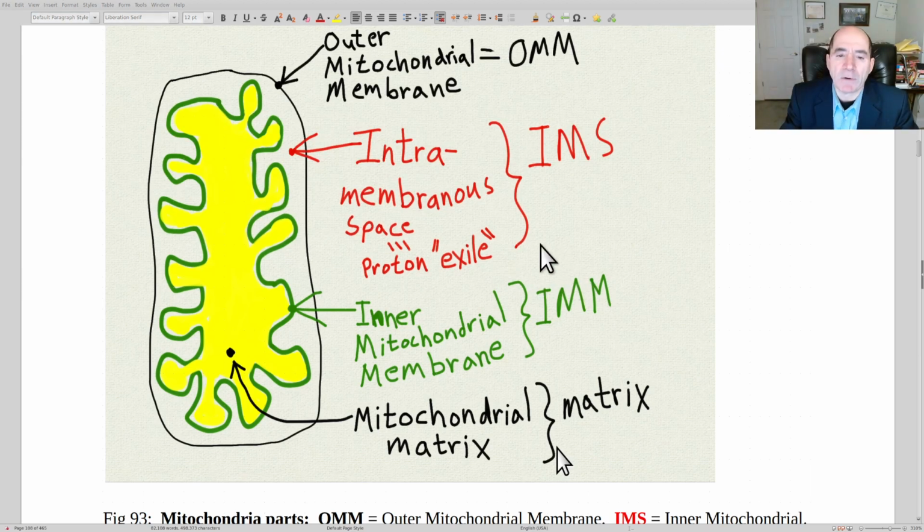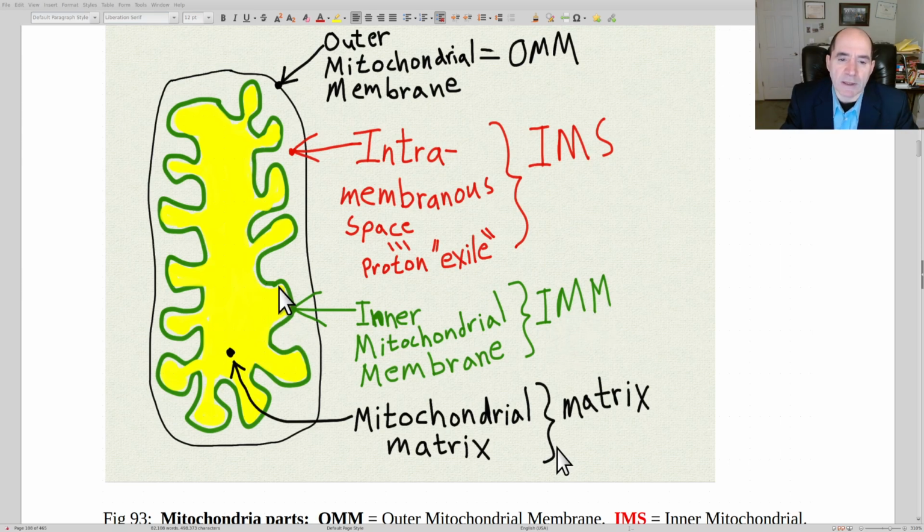Okay, here is the mitochondria, and this is where the vast majority of energy is made in humans. It has an outer mitochondrial membrane, OMM, and an intramembranous space between the inner membrane and the outer membrane, called the IMS. That's where the protons get pumped into, this space right here. And then this green membrane is called the inner mitochondrial membrane, usually abbreviated IMM.